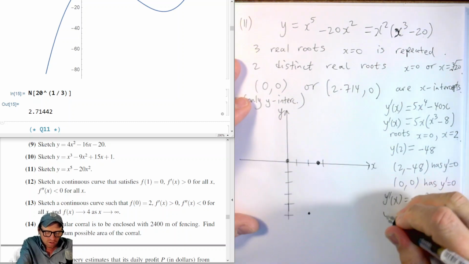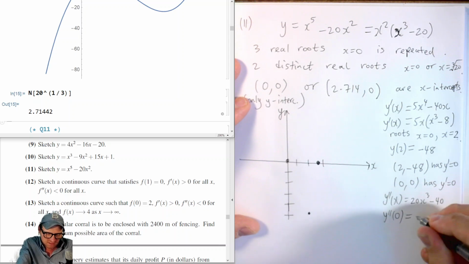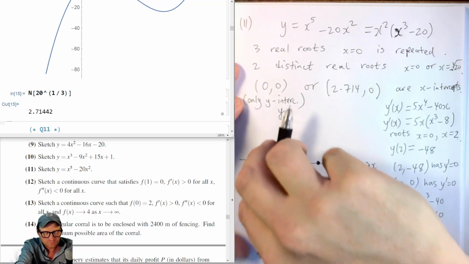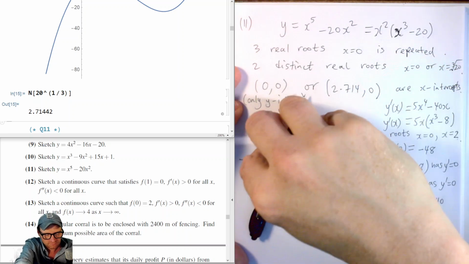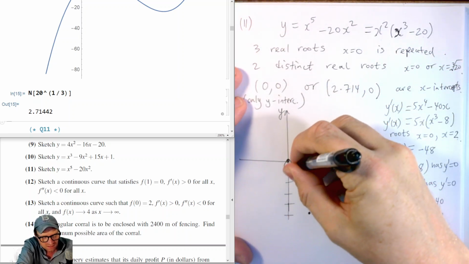Okay, so y double dash of 0 is minus 40, which is negative. Okay, so what's happening? Our slope is decreasing there, and so we learn then that this is a local maxima.